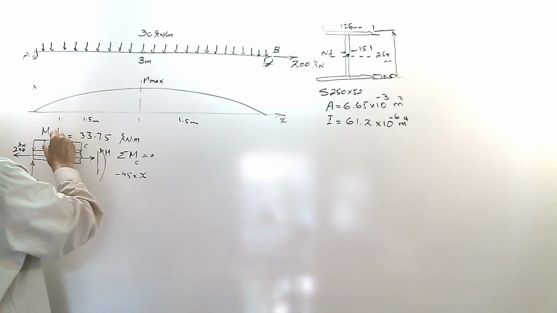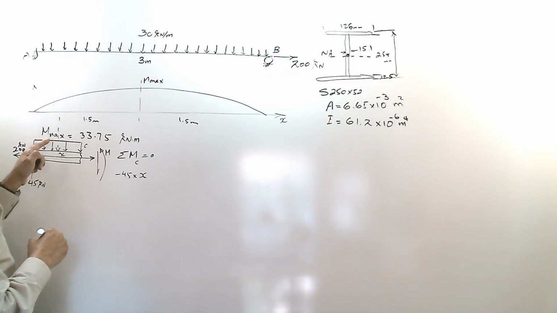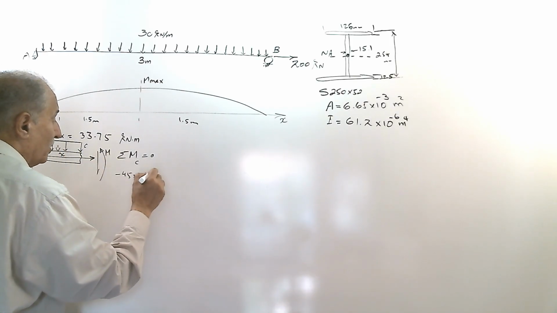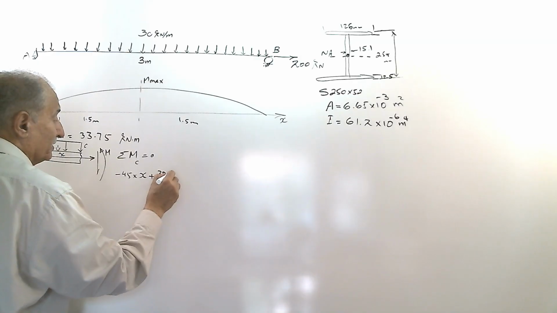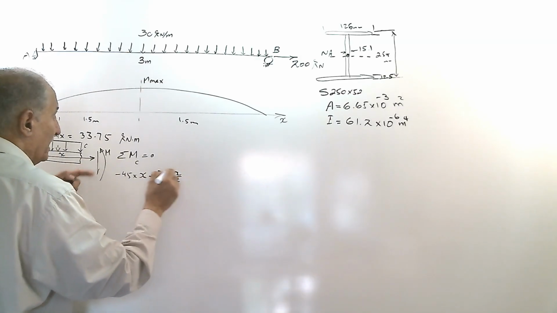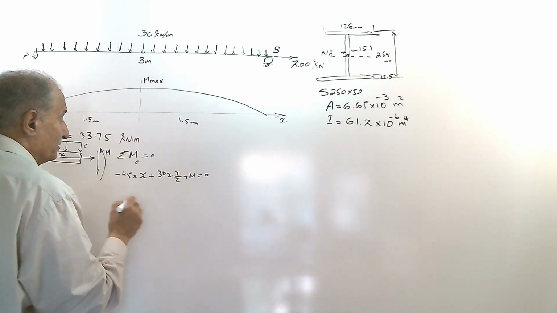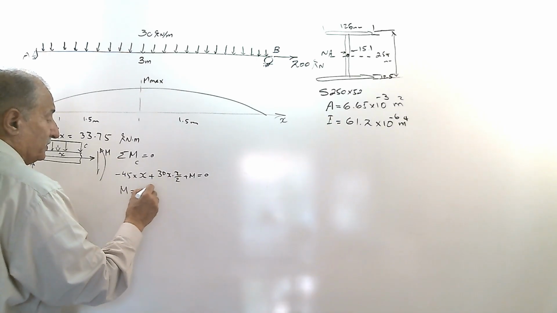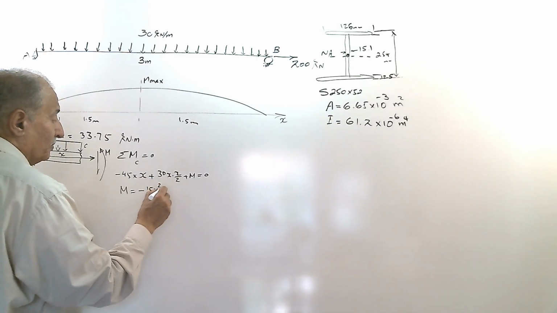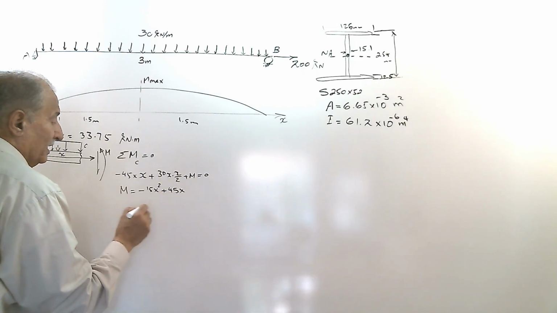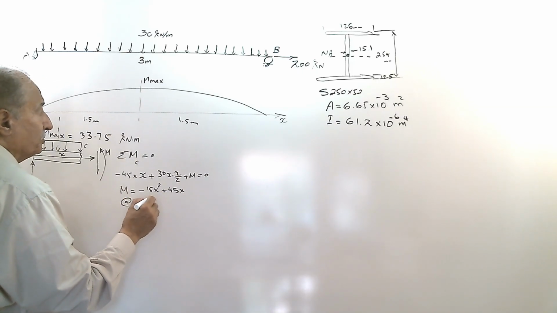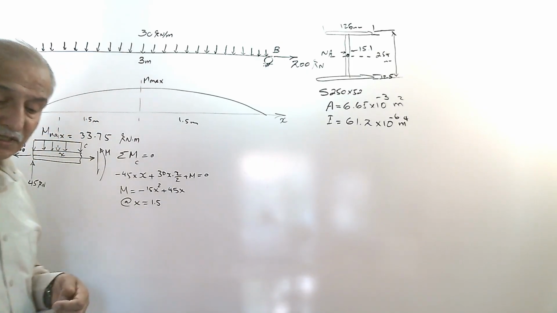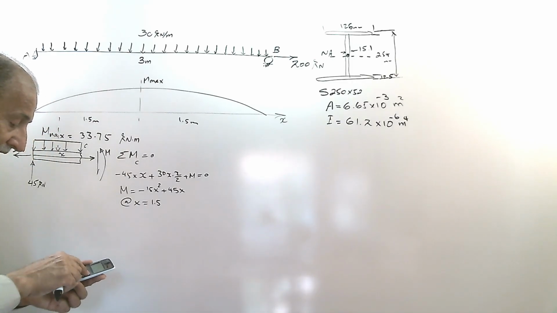And this 30 times x over 2 is counterclockwise, positive, 30x times x over 2, and M counterclockwise positive equal to 0. Then M is equal to minus 15x squared plus 45x, and at x equal to 1.5, you will reach the value 33 point at the middle of the beam.